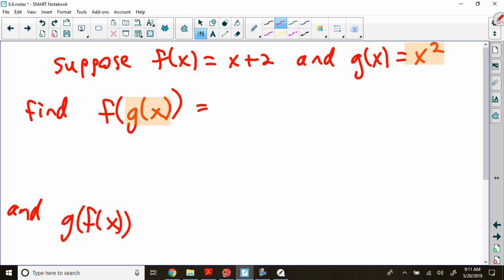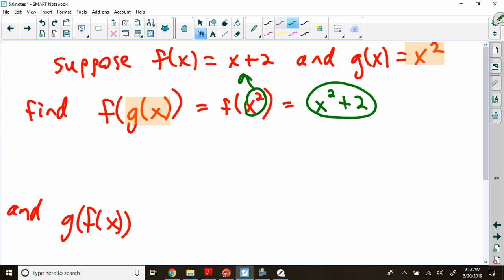So we could think of it this way. It's really f of x squared. If we think about it that way, we're going back to the function f, and we're going to replace every single x with an x squared. So essentially, we take this x squared and just stick it right in there. So this is going to be x squared plus 2, and that's our answer.